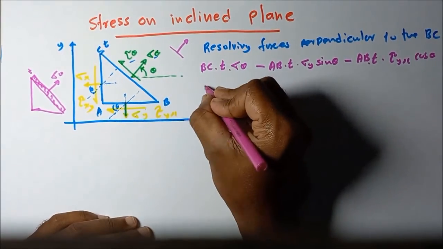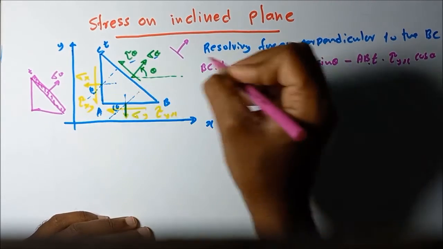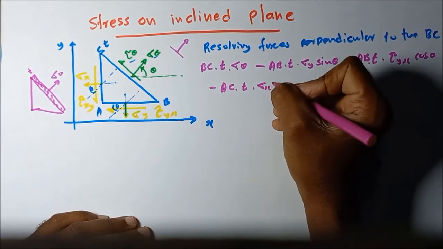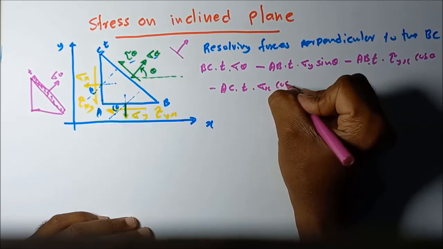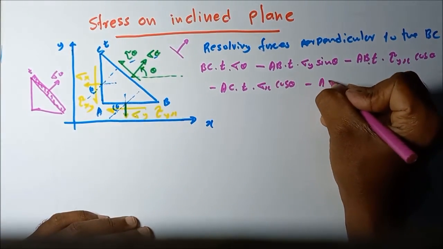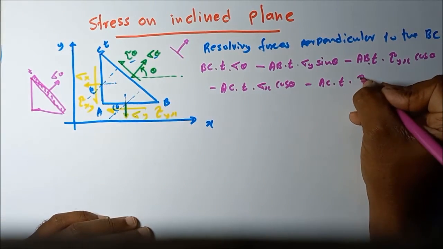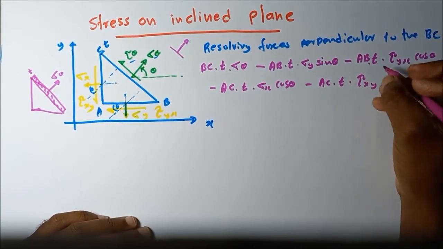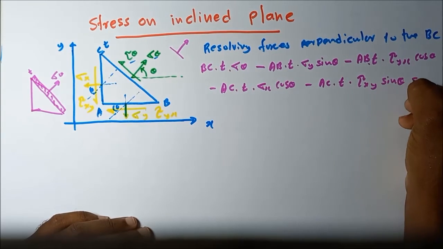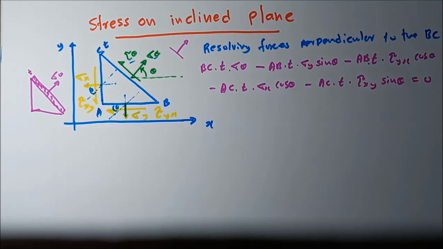Here also negative. Then AC times T times sigma x times cos theta, minus the shear component AC times T times tau xy times sin theta, is equal to 0.